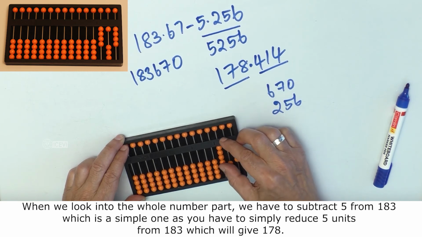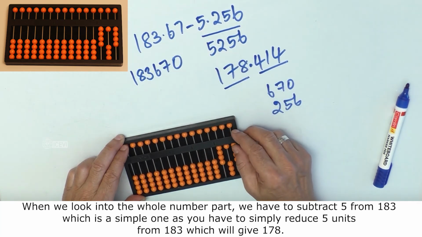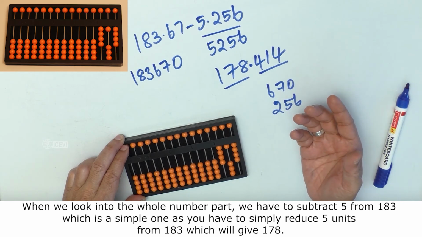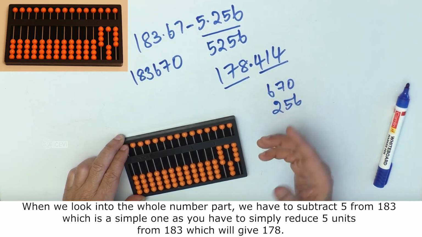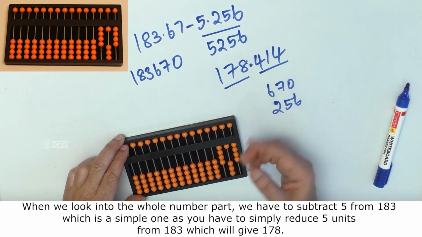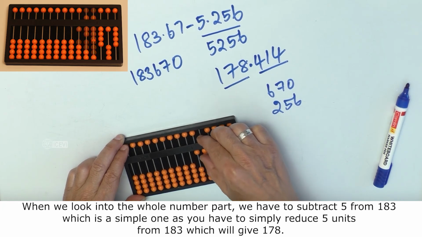When we look into the whole number part, we have to subtract 5 from 183, which is a simple one, as you have to simply reduce 5 units from 183, which will give 178.